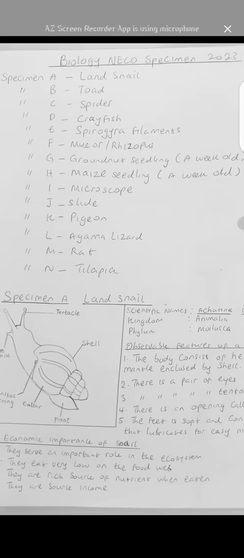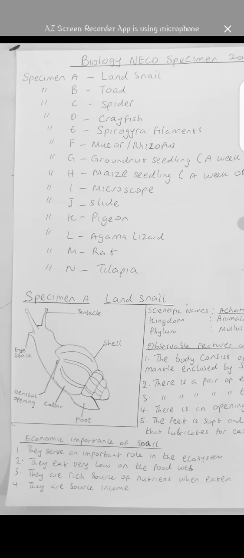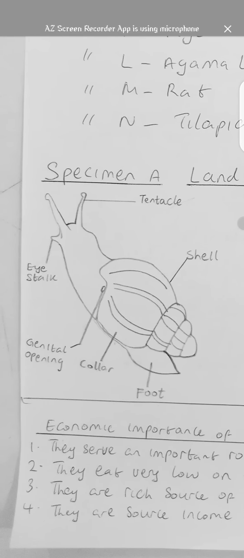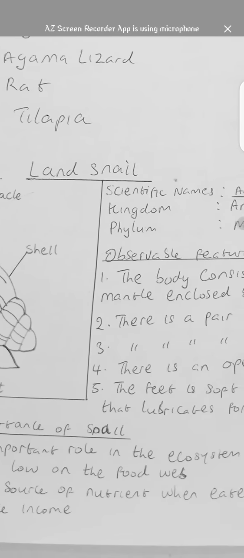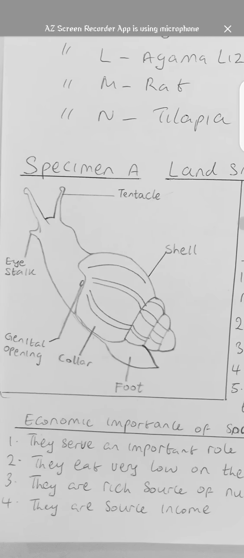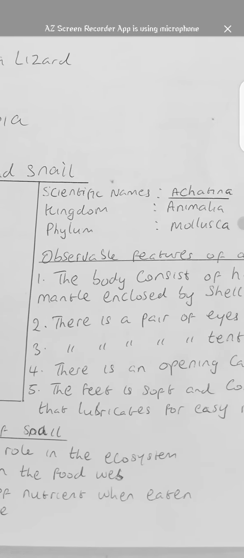Another thing I want you to keep in mind is the economic importance of snails. Number one, they serve an important role in the ecosystem. Number two, they eat very low on the food web, so they do not really consume much. Number three, they are a rich source of nutrients when eaten.